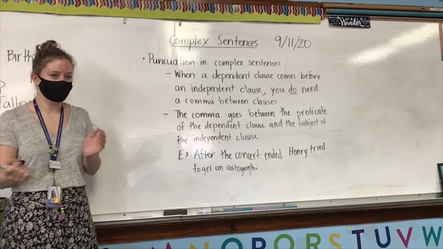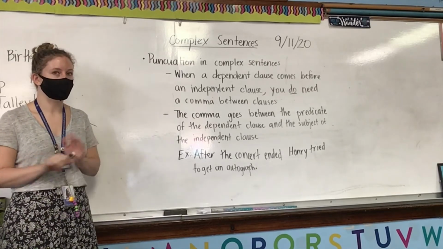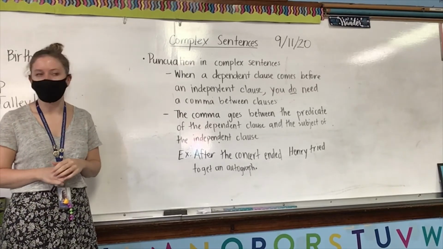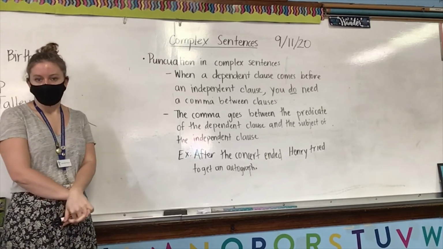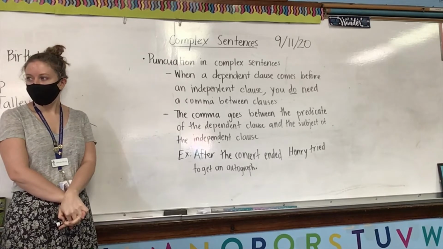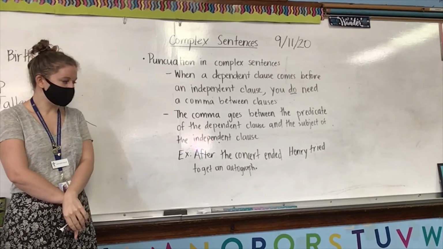When everybody's ready, we'll talk about where the comma goes and why we know that this sentence needs a comma. So when you're done writing this sentence, put your pencil down.